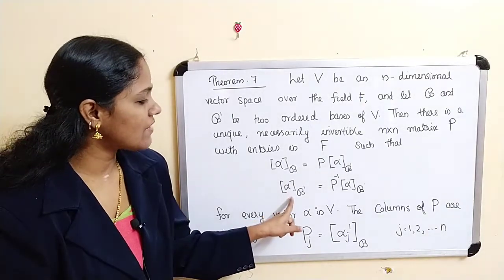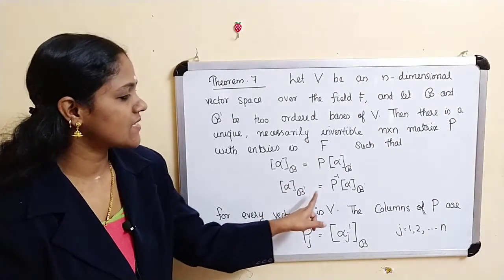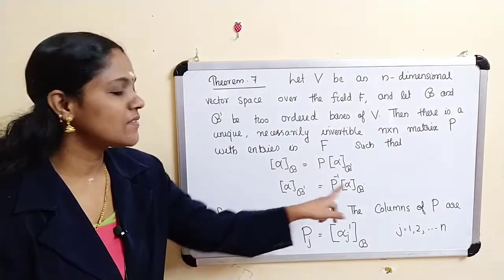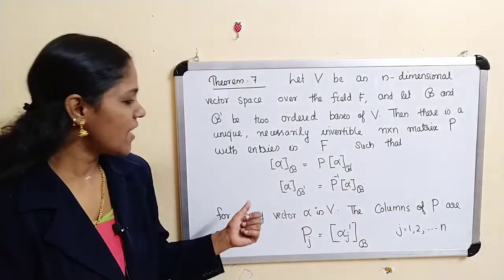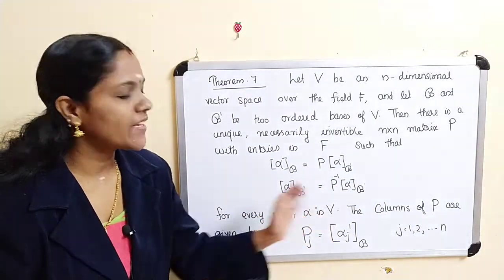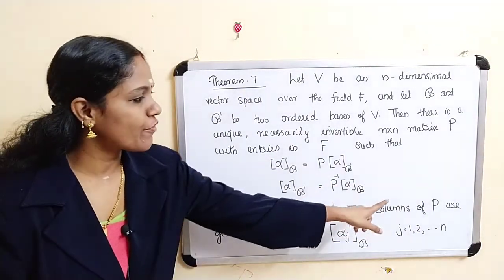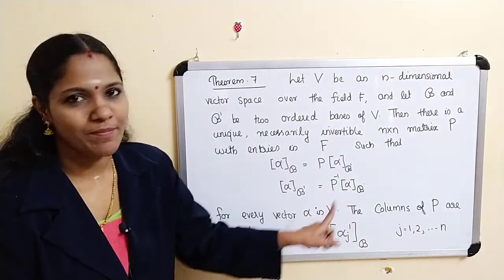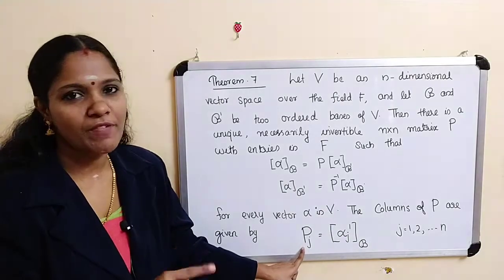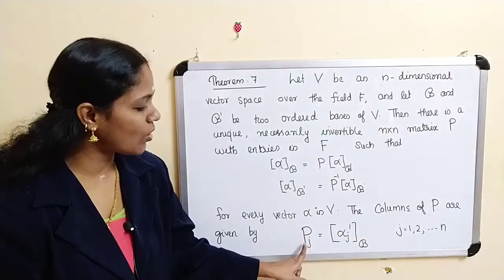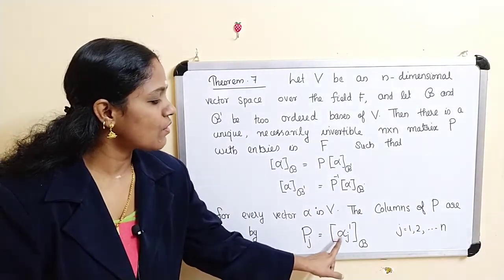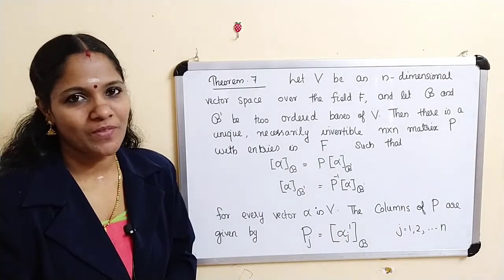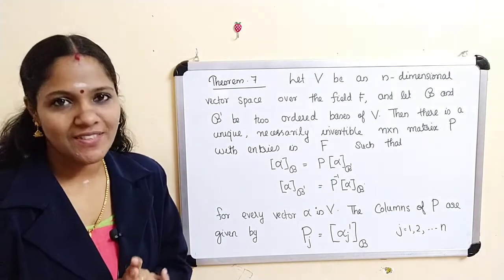Similarly, the matrix of alpha related to the basis B dash is equal to P inverse into the matrix of alpha related to the basis B, for every vector alpha in V, and the columns of P are given by Pj. P is an n by n matrix, columns of P are P1, P2, etc. Pn, and the columns are given by the matrix of alpha j dash related to the basis B. This is one of the most important results.